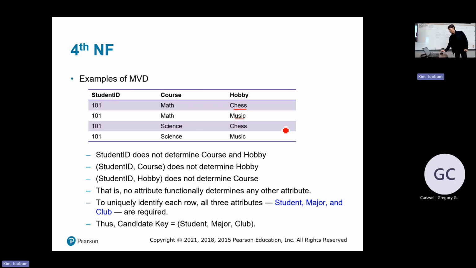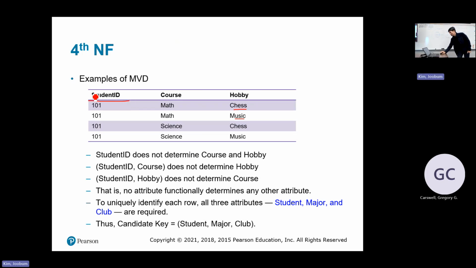So think about that. If you have a table, we have to find the determinant. From the determinant, we determine candidate key. From the candidate key, we determine primary key, right? So student ID can determine course. What do you think? ID 101 is associated with only one value in other attributes?